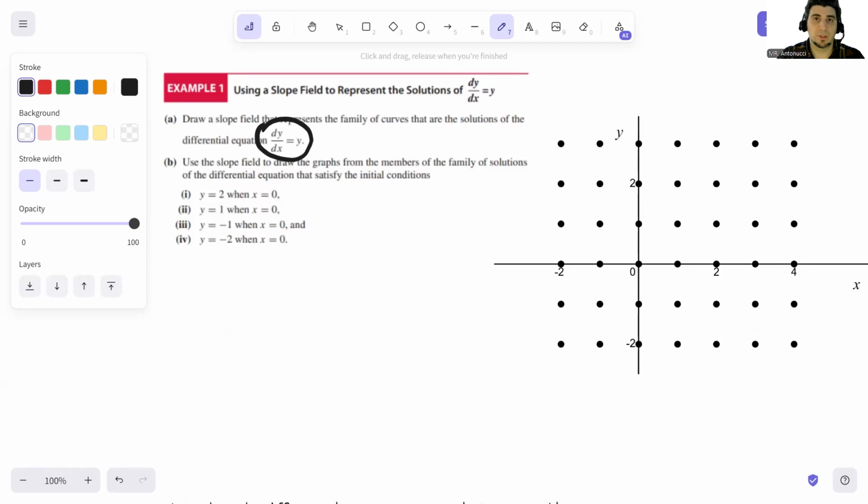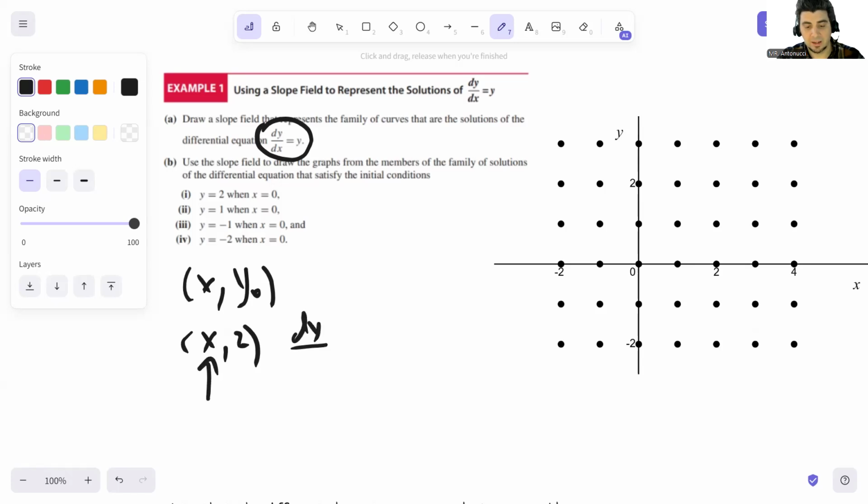And so the derivatives dy/dx at all points of the form x comma y naught are all equal. For example, at all points x comma 2, the slopes of the tangent lines to the graph of the solution of the differential equation are equal to 2, because no matter what x is, dy/dx equals y.